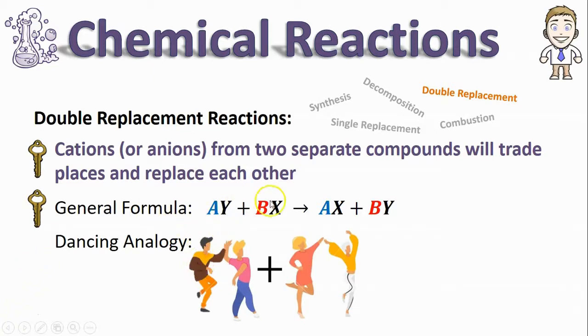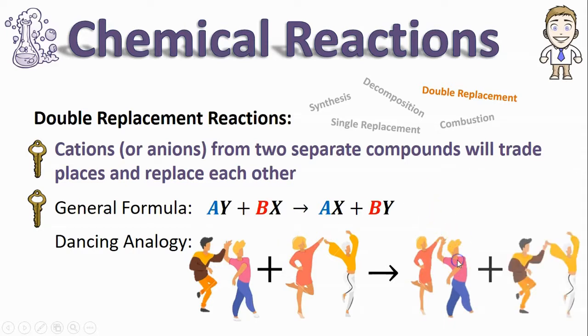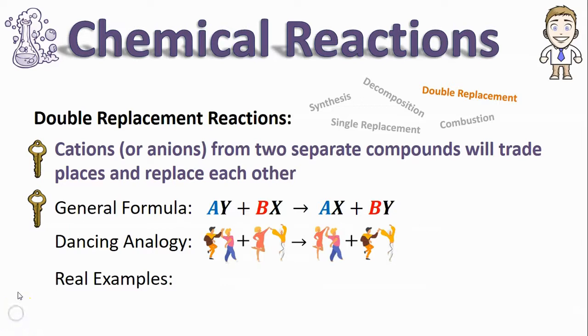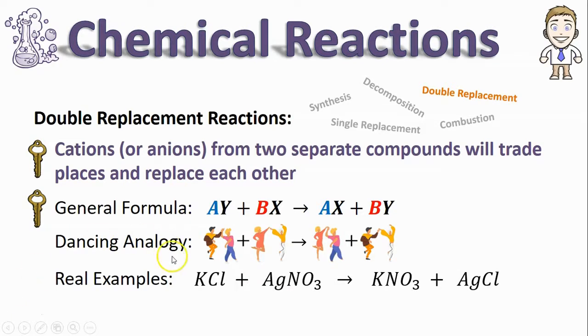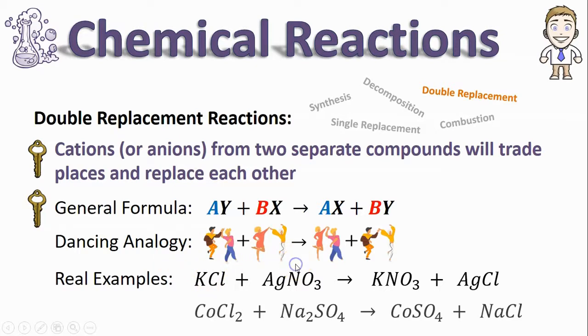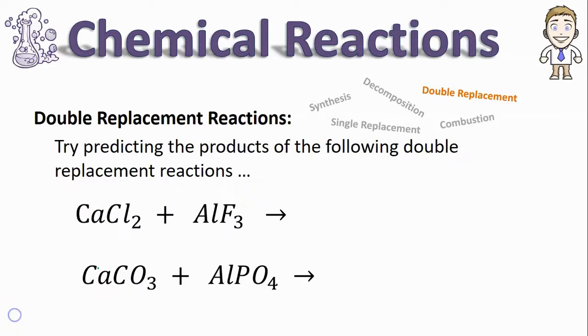Brown shirt will trade places with red dress, so now red dress is dancing with pink shirt, and brown shirt is dancing with orange shirt. For some real examples, you've already seen potassium and silver switching with KCl and AgNO3. Here's another one where cobalt trades places with sodium, so the cobalt is now with SO4 and the sodium is now with chloride. Let's wrap it up by looking at a couple specific examples.